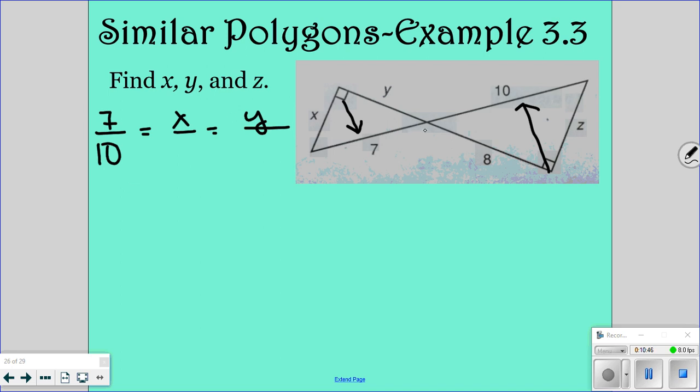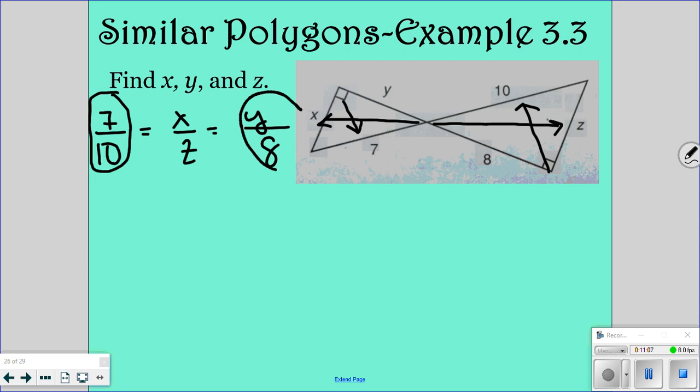For x, the side that is corresponding to x is going to be z. And then for y, the only other side left is 8. So we can use this ratio and this ratio to make our proportion.